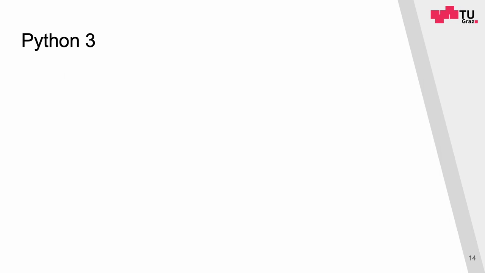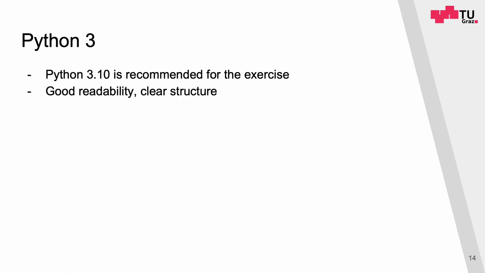In this course we use Python 3. More specifically, Python 3.10 is recommended for the exercise. It offers very good readability and also has a clear structure. As already mentioned, Python is an interpreted language and it runs on all common operating systems.